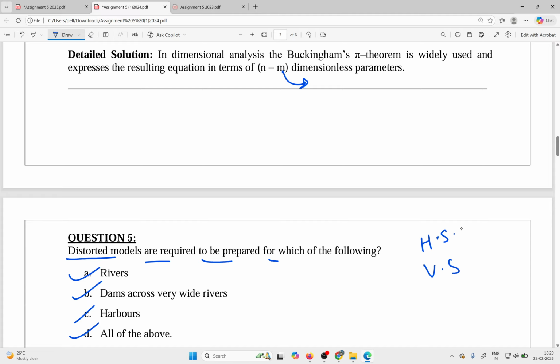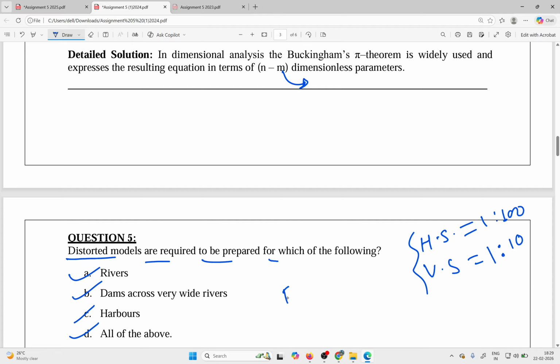Let us assume you are using the horizontal scale as 1 is to 100 and the vertical scale as 1 is to 10. So this is a distortion, because when you use the same for both horizontal and vertical, then that will be fine. But here you are using different ones.